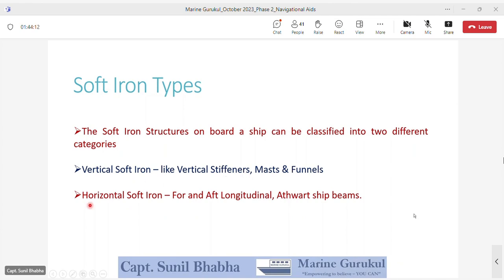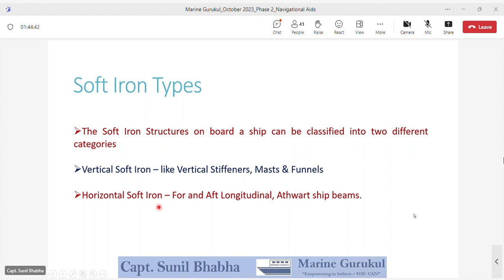The second type of soft iron structures could be horizontal soft iron structures. Now, horizontal soft iron structures could be the fore and aft longitudinals. It could be the athwartship beams. Both the longitudinals as well as the beams are welded on top of the decks or top of the keel plate or at the top deck of the tanks.